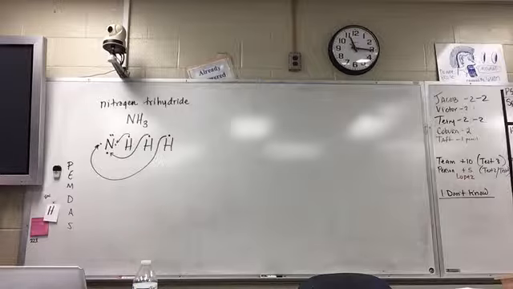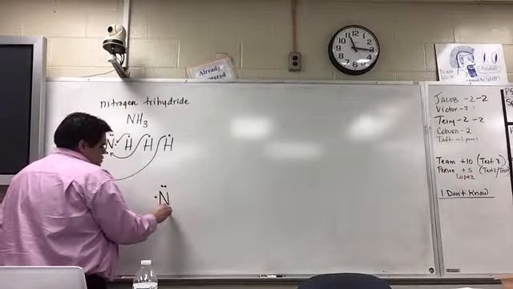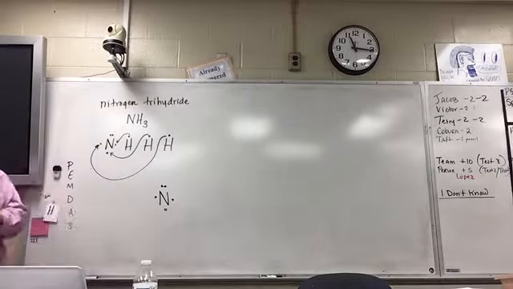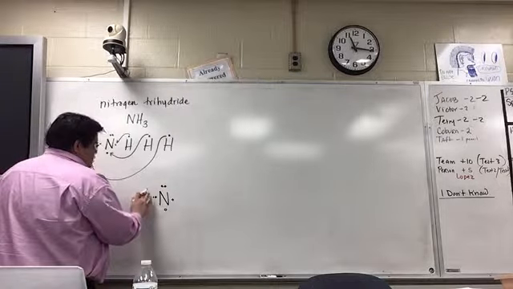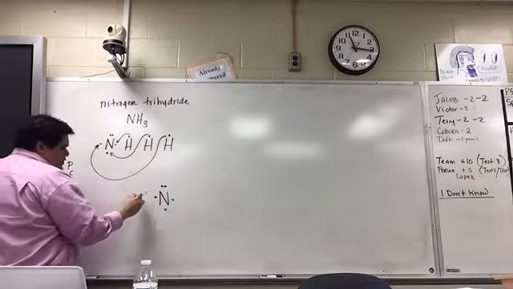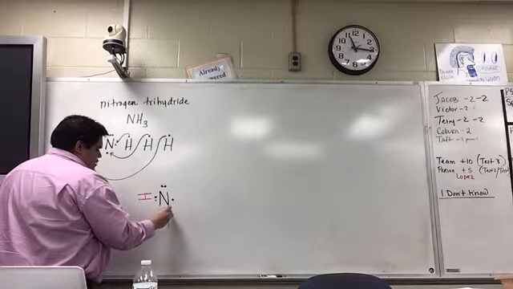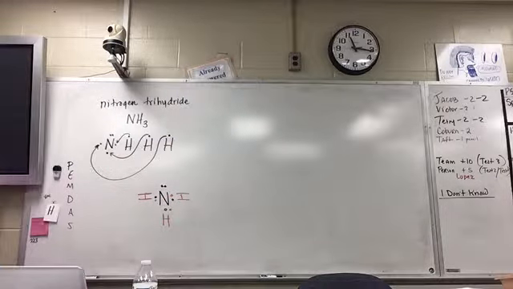And so when I do that, I'm going to get nitrogen with its 3 single electrons, and then hydrogen right here with its pair, hydrogen right here with its pair, and then hydrogen right here with its pair. That's how that shape is going to look.